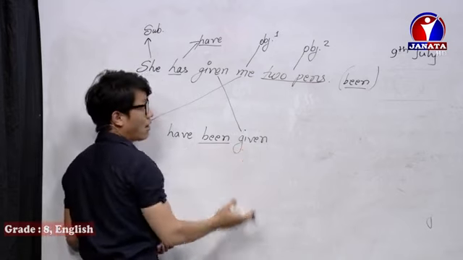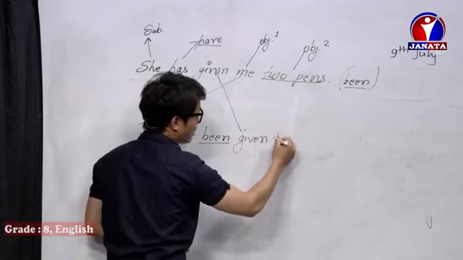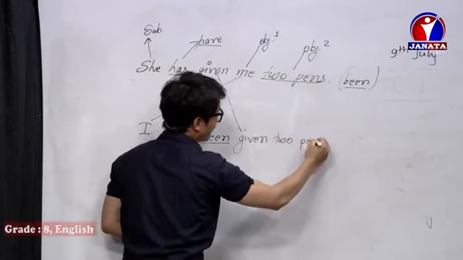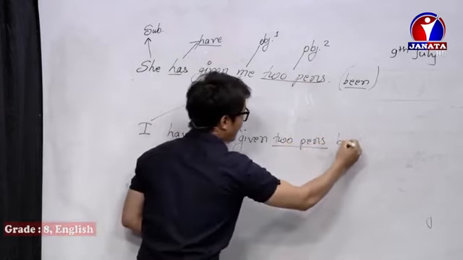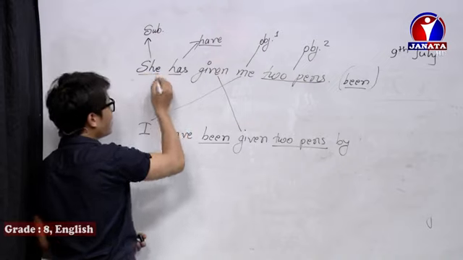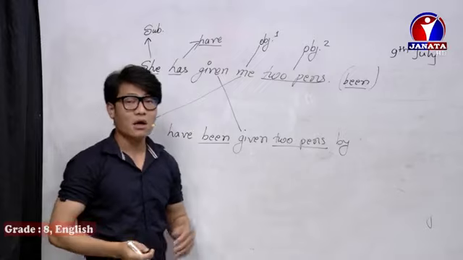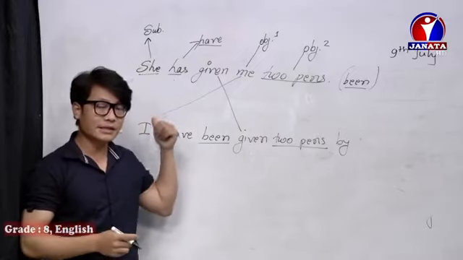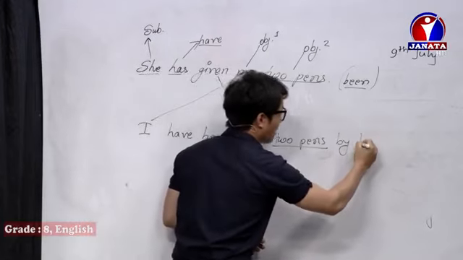Now it's time to write the second object, 2 pens: I have been given 2 pens. Then by, so she comes last and stands as the objective case. What is the objective case of she? I had shown you, and its objective case is her.